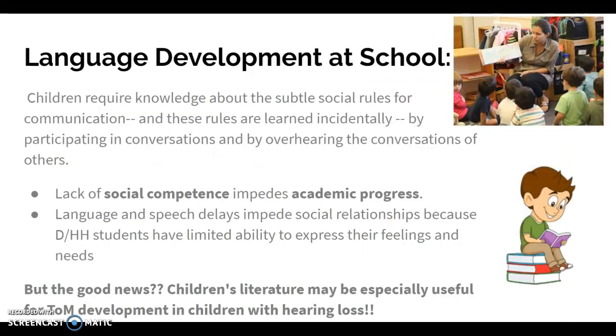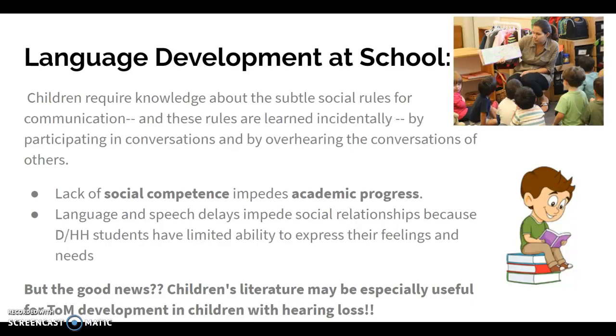Okay, what can you do at school to help these children? I just mentioned their lack of language can translate to lack of academic progress. So they're not able to express themselves, they're not able to have good reading comprehension skills. They have a hard time understanding things from other people's perspectives.